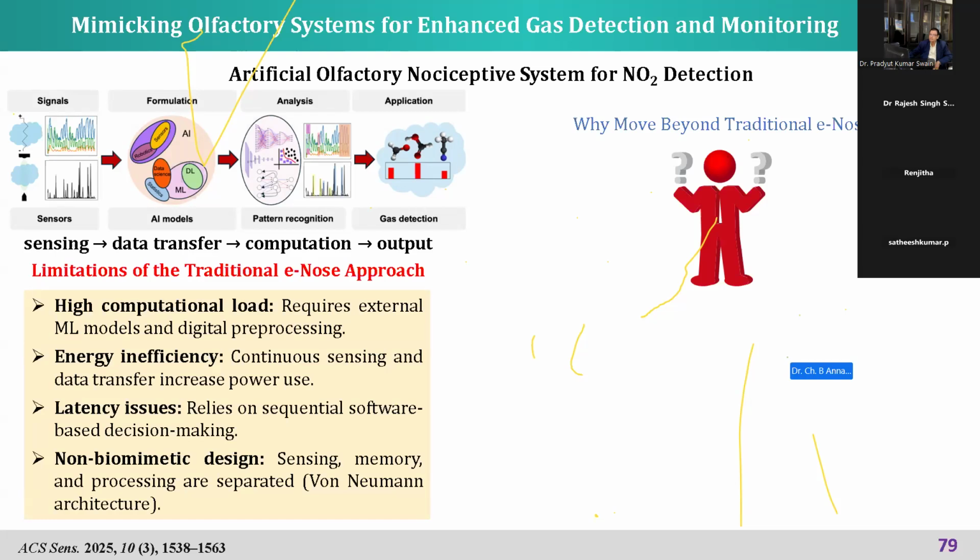You have a gas sensor that will respond to a particular concentration. Now you have another switch added along with this gas sensor. You tune the switch in such a way that the sensor will respond only at a particular voltage, a particular control. Till then the sensor will not respond. This is how the artificial olfactory nociceptor functions.